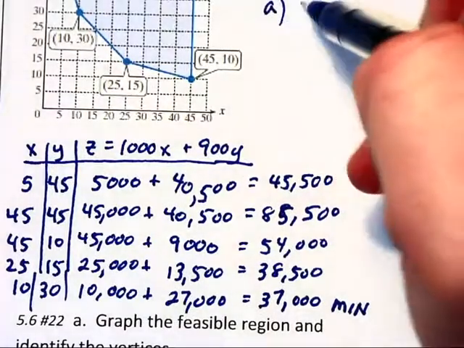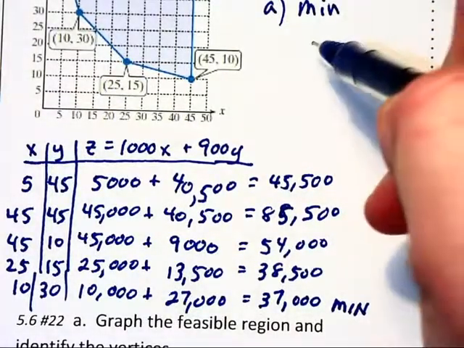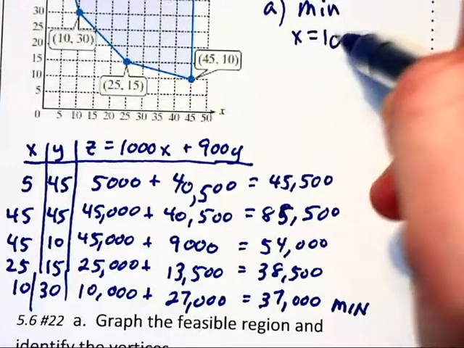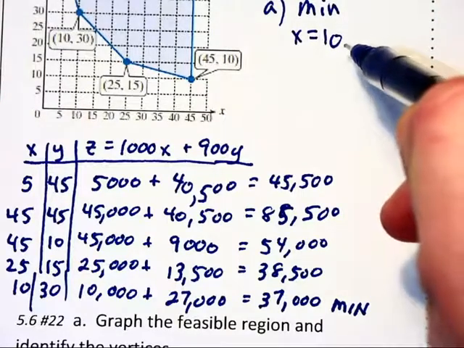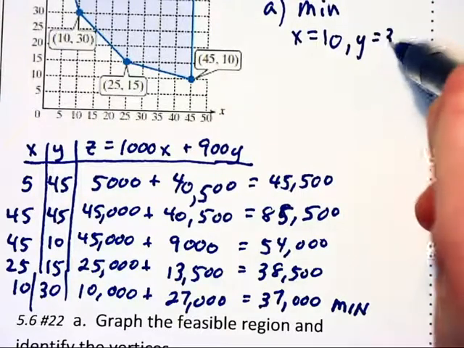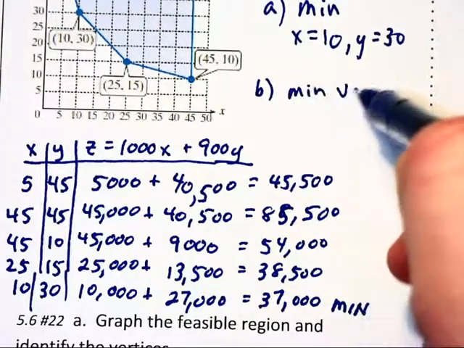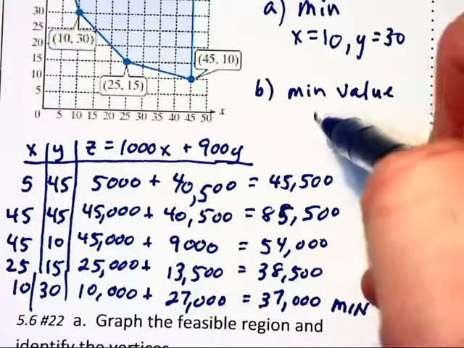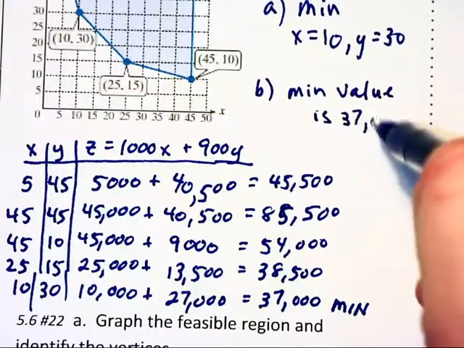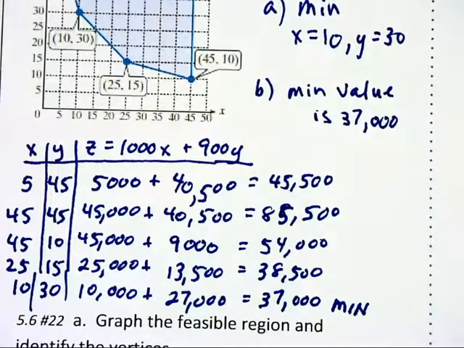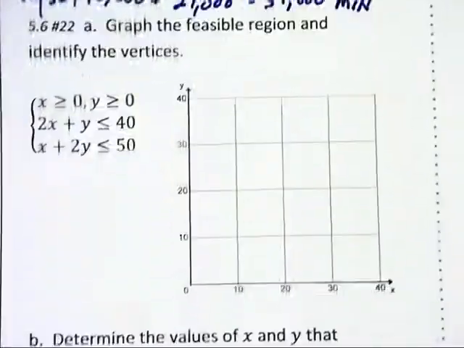Part A, the minimum will occur when x equals 10 and y equals 30. And part B, the minimum value is going to be 37,000.